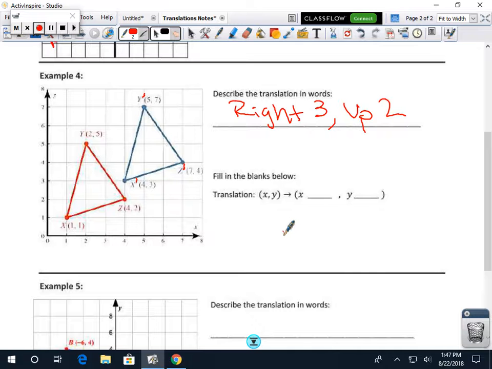So in words, the translation that I did is right 3 and up 2. To fill that into the formula, the translation would be (x, y) goes to (x plus 3, y plus 2), because moving to the right is positive, and moving up is positive.